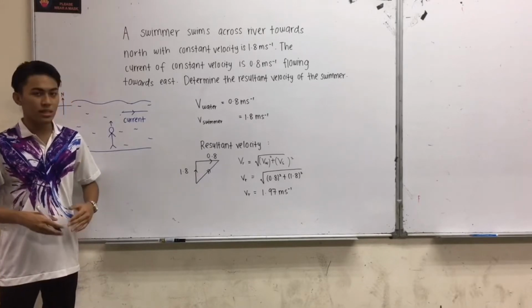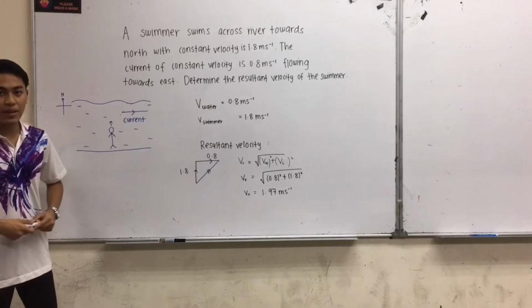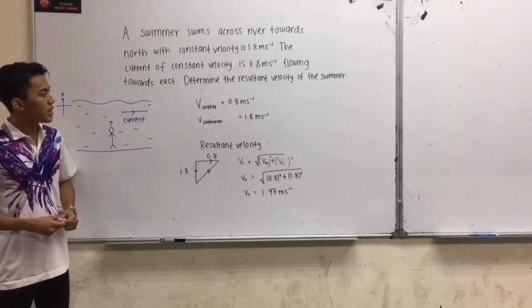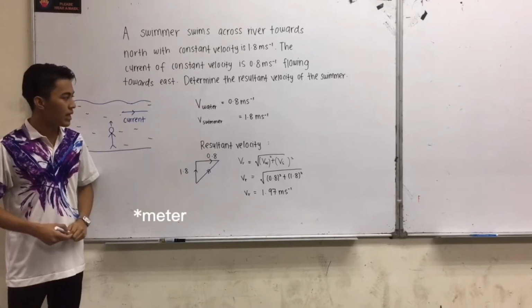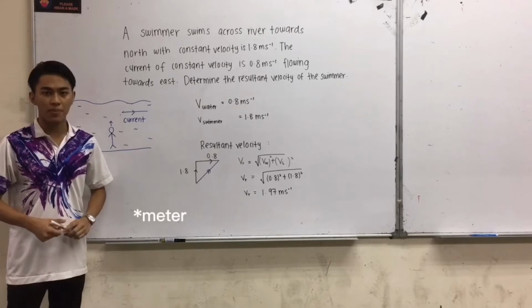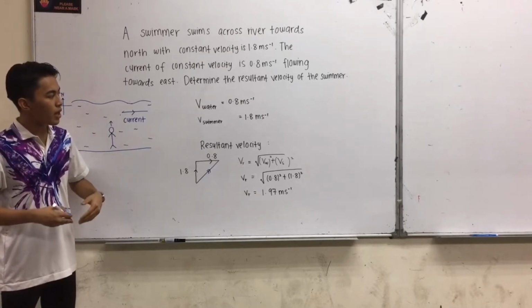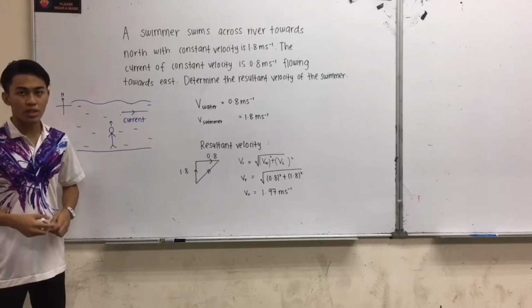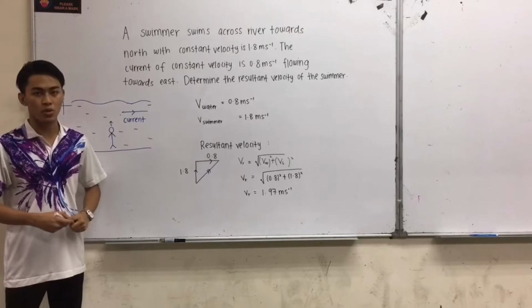Before we answer this question, we have to recognize the information given to us, which is velocity of water is 0.8 m/s and velocity of swimmer is 1.8 m/s. But how can we have two velocities of the swimmer, since the question asks about the resultant velocity of the swimmer?